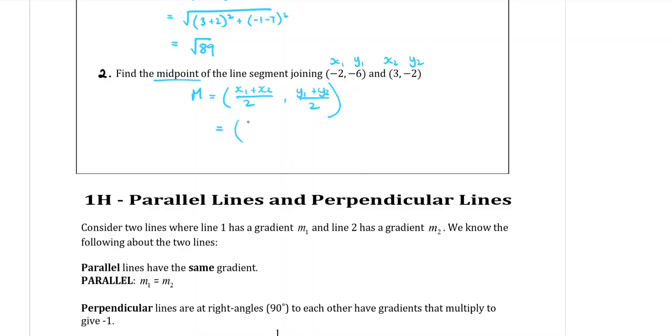Putting in the formula, x1 is -2 plus 3 all over 2, comma, now averaging the y values, -6 plus -2 over 2, close bracket. And calculating the first fraction, -2 plus 3 is 1 over 2, so that's a half. And then comma, -6 minus 2 is -8 over 2 is -4. So the midpoint is a half, -4.